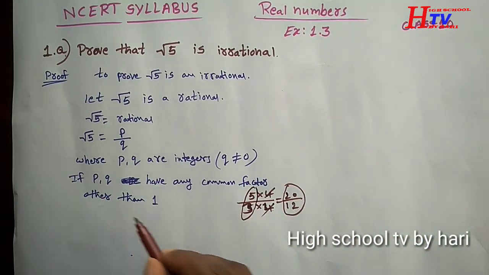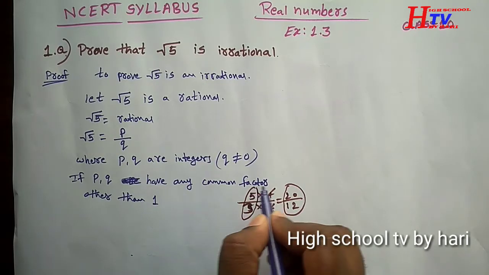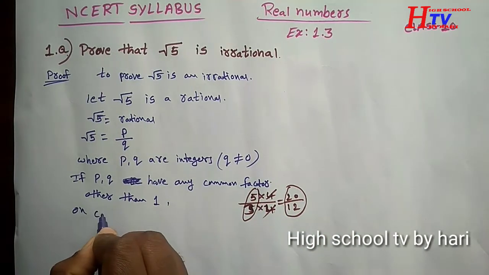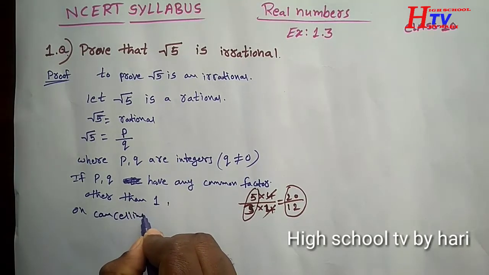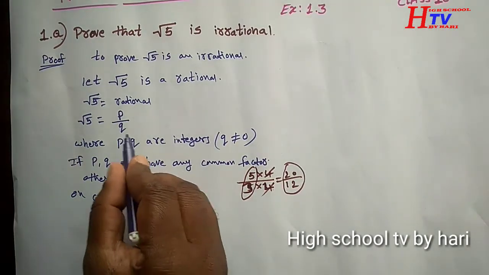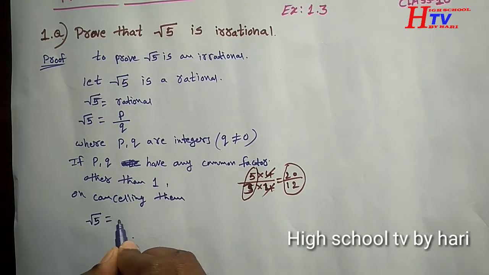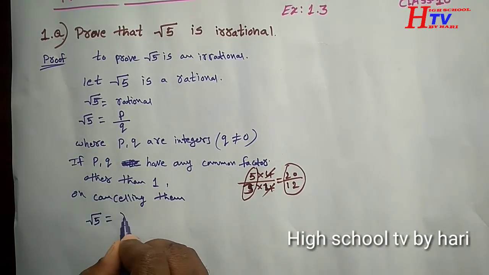Similarly here also, if p, q have any common factors other than 1, on cancelling them, this fraction root 5 equals p by q becomes another fraction.